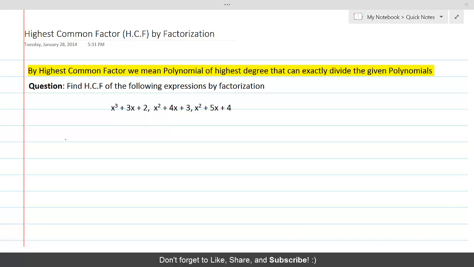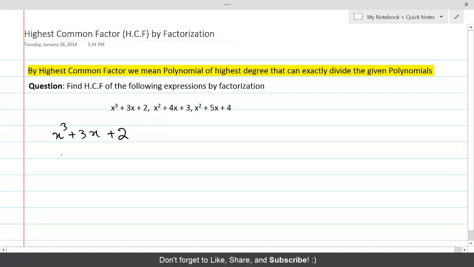Let's say the first polynomial is x squared plus 3x plus 2. We will use the AC method, and for that purpose it's going to be x squared plus (2 plus 1) times x plus 2, which is equal to x squared plus 2x plus x.